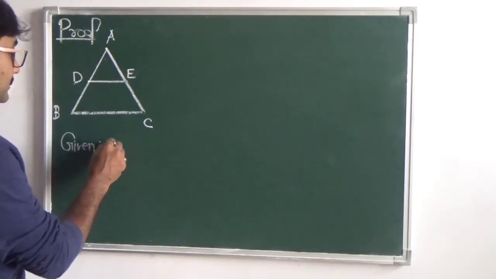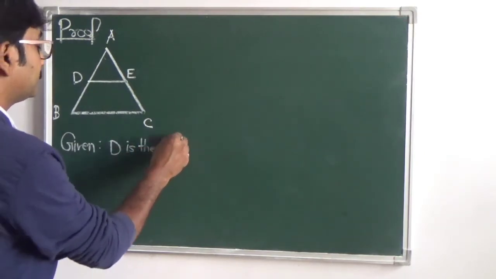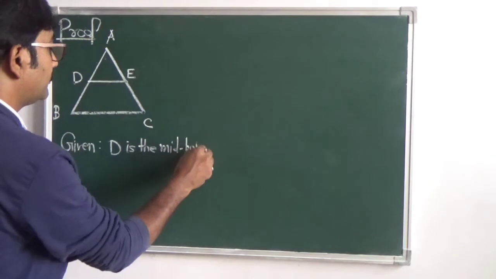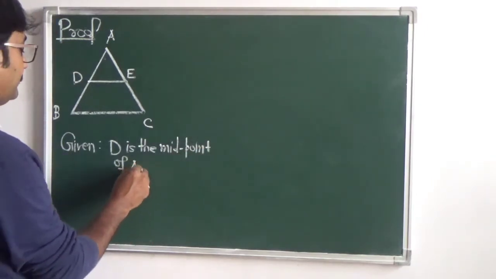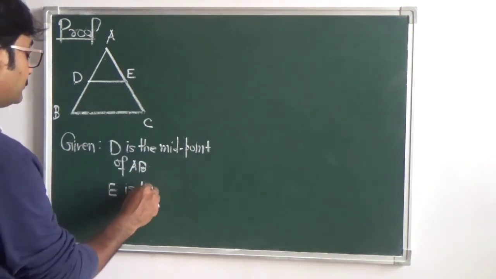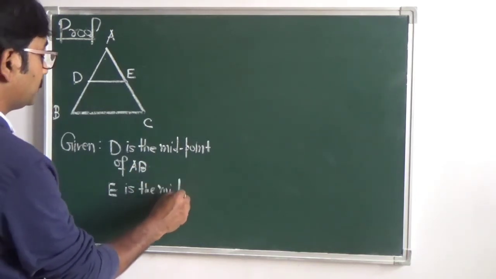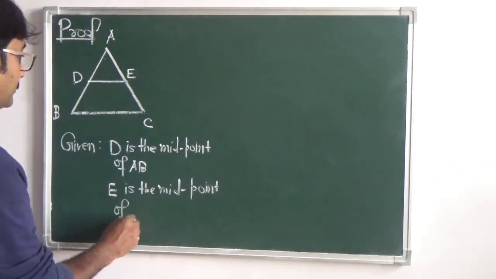Given is D is the midpoint of AB and E is the midpoint of AC.